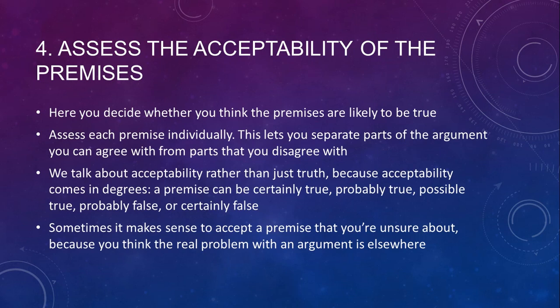If the stakes of the conclusion being false are extremely high, then your standards for acceptability should likewise be extremely high. In early atomic tests, the scientists involved were pretty sure that they weren't going to ignite the atmosphere of the Earth. They were pretty sure. Is this nuclear bomb going to ignite the entire atmosphere and kill everybody on the planet, all life being wiped out? I'm going to say like 90% no.